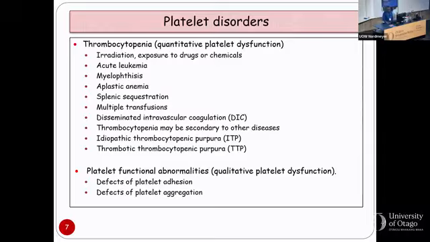Splenic sequestration speaks to the fact that the spleen serves as a sort of platelet pool, and sometimes when it gets excessively enlarged and maybe even pathologic, too many platelets can pool in the spleen, and that will take away most of the platelets that are available to function. Multiple blood transfusions or massive blood transfusion can also give a dilutional thrombocytopenia.